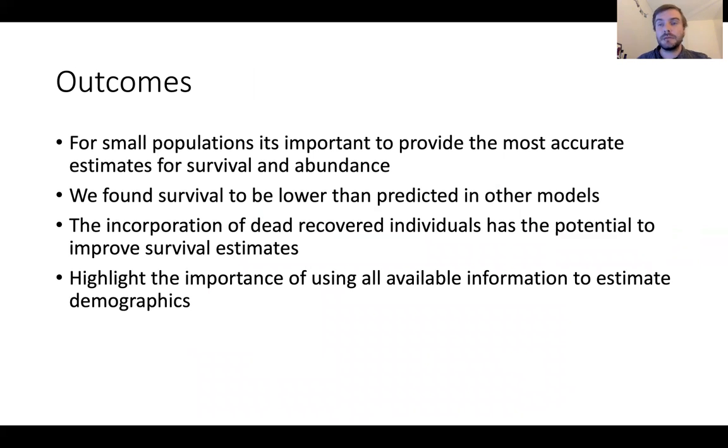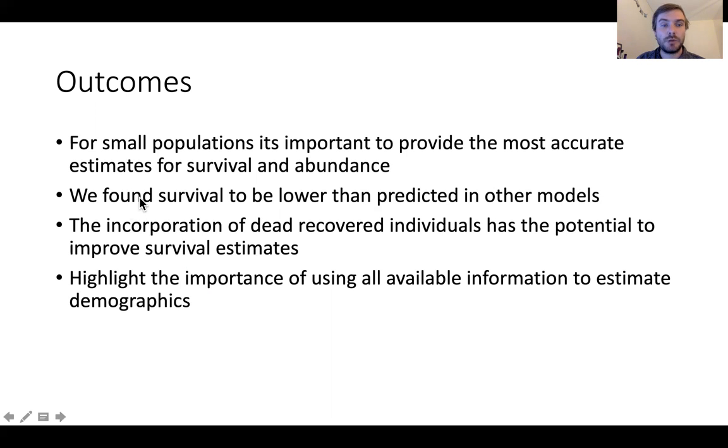What we show for this is that for small populations, it's really important to provide the most accurate estimate of what survival and abundance are likely to be, to see how this may change through the years, and in certain years how it might be different. In these results we have shown that survival is lower than in other estimates from mark recapture models for North Atlantic right whales.